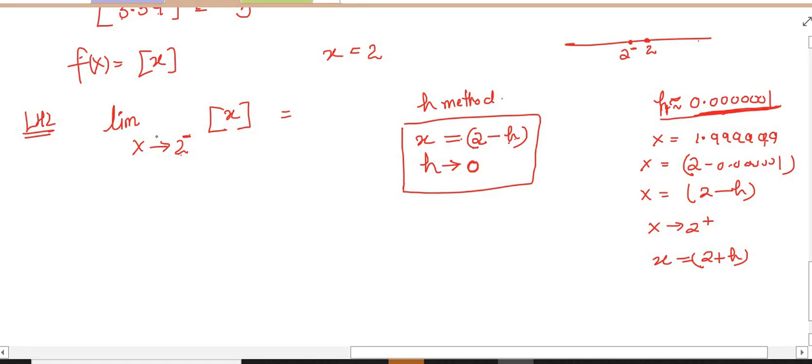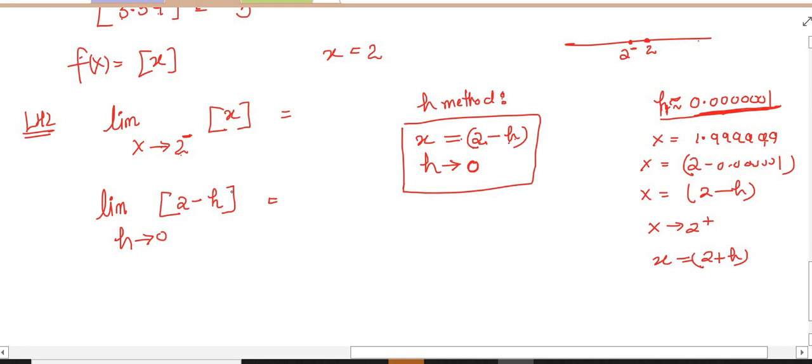Here, to represent 2 minus I am using 2 minus h. So let me show how to use the h method. Here h is tending to 0 and instead of x we got 2 minus h.